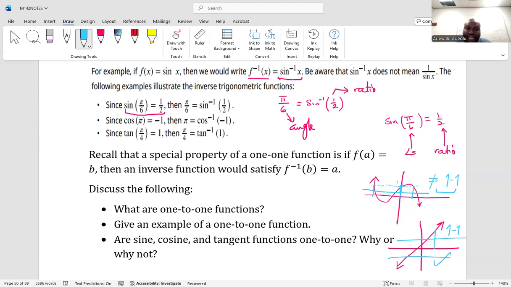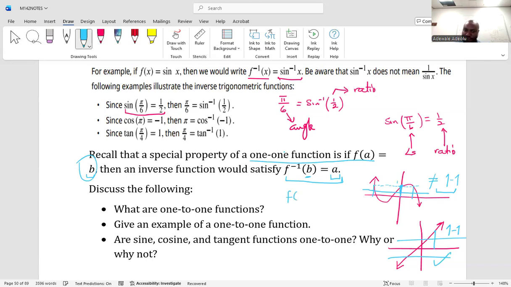Now, a special property of a one-to-one function is that for any point you pick in their domain, f of that point, you call it b, then an inverse function will satisfy this. That is, if you make your output become the input, then the inverse of that will become your original input.